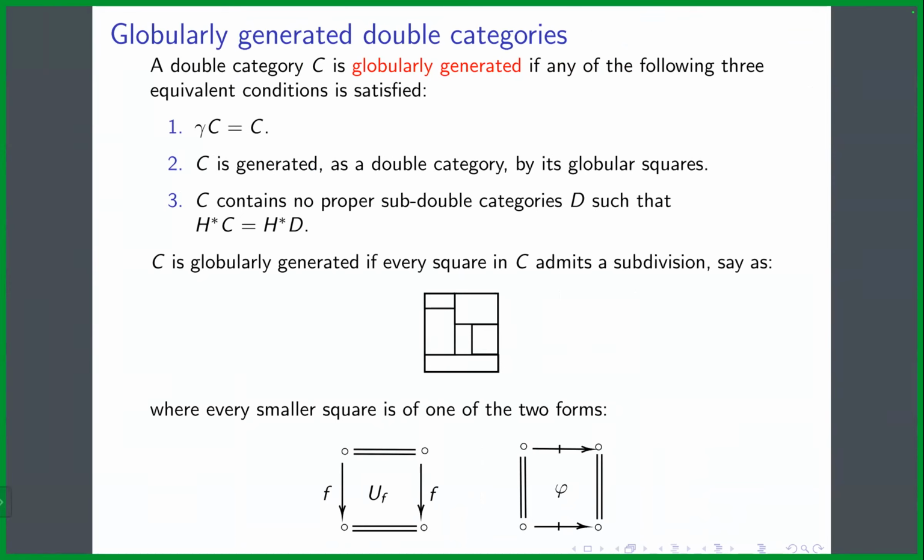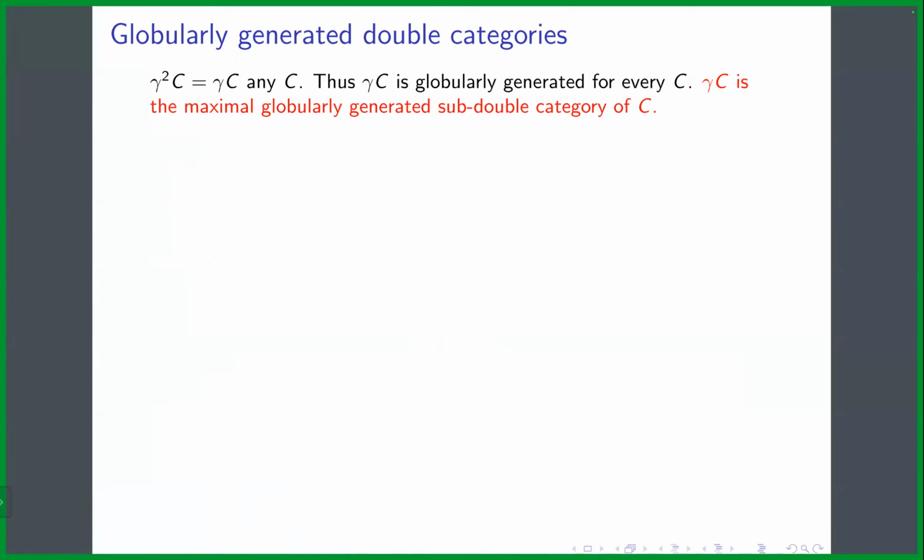And number 3 says that a double category C is globularly generated if it's minimal with respect to being a solution to the problem of existence of internalizations of its decorated horizontalization. So if you're interested in this problem of existence of internalizations, globularly generated double categories are good. They're just minimal solutions to that, and they seem to have nice structure.